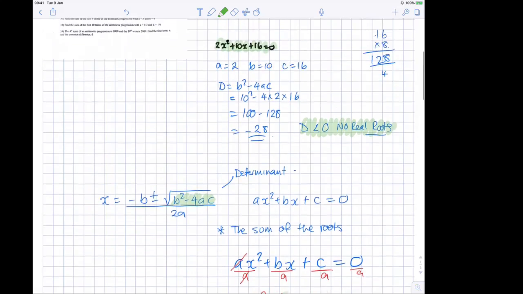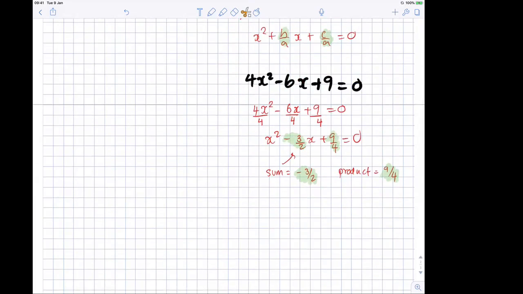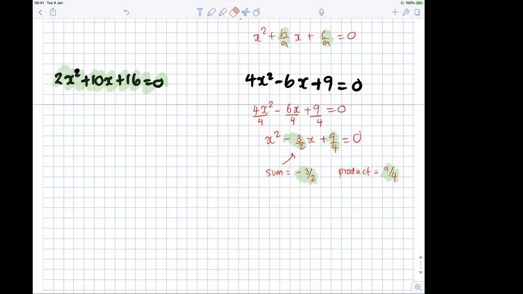Although I think we've just been asked for the sum, but that's the sum, that's the product. And if we take the other equation, which is this one here, just copy that and place it here. So this one was 2x squared plus 10x plus 16 equals 0, divide by 2, divide by 2, divide by 2.